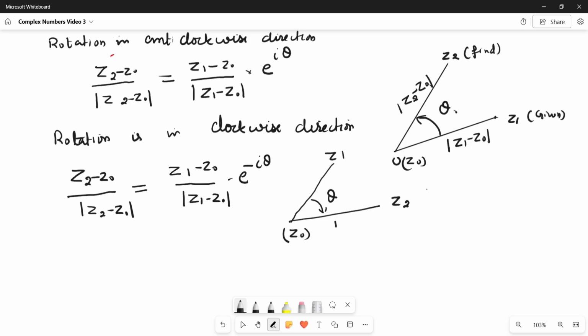This distance is modulus of Z2 minus Z0, distance between the two points, and this is Z1 minus Z0. These are some results we see here.